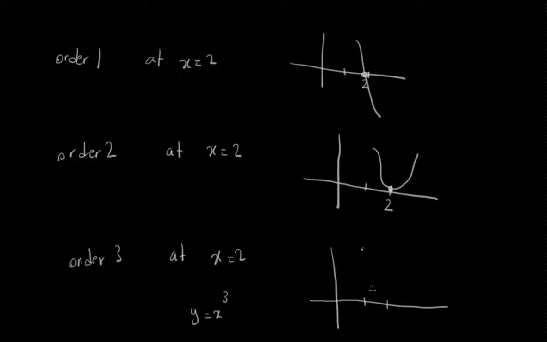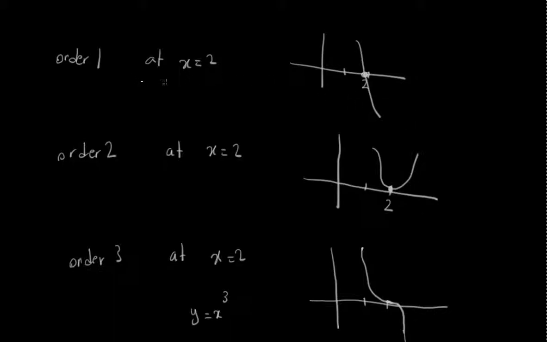So this time we're gonna pass the x-axis just like the order 1, but the slope of the function would be a little more flat towards the x-axis when you get close to the x-intercept. So something like this. The slope is gonna get closer and closer to flat, and then you would go down and continue.